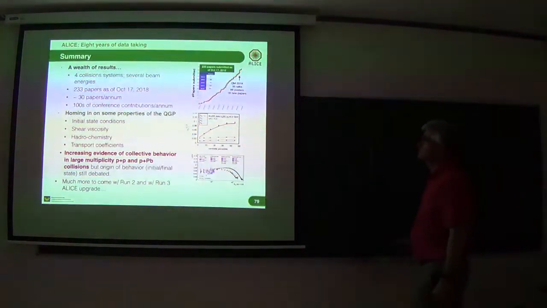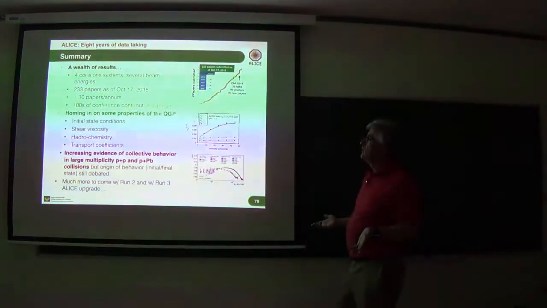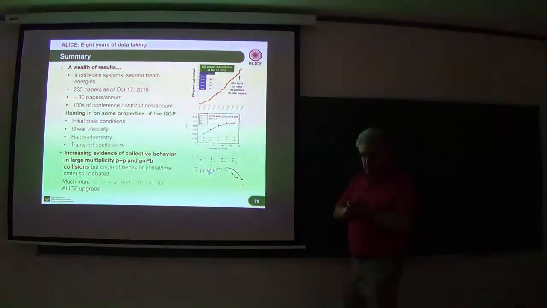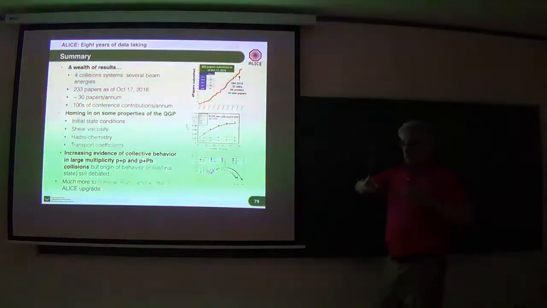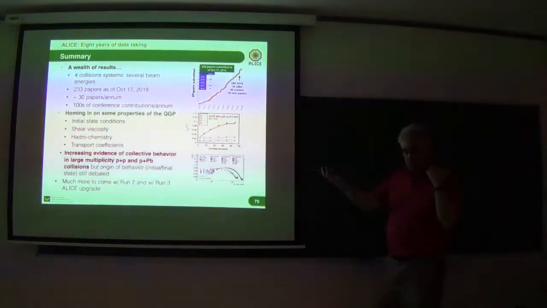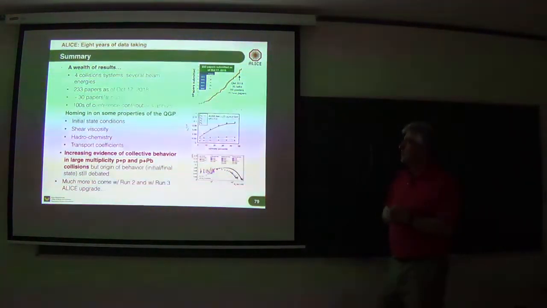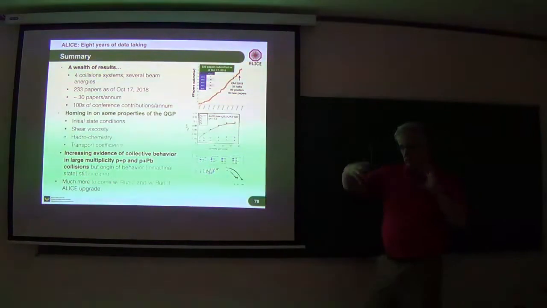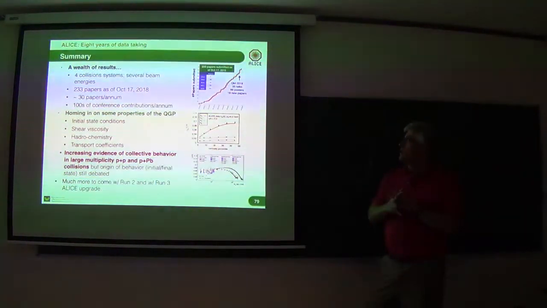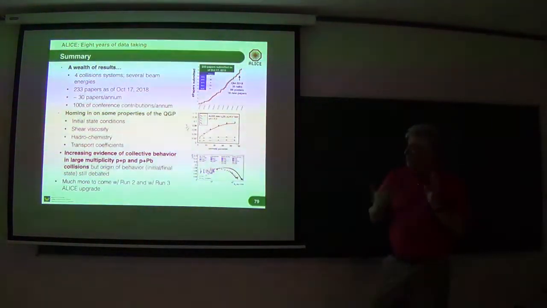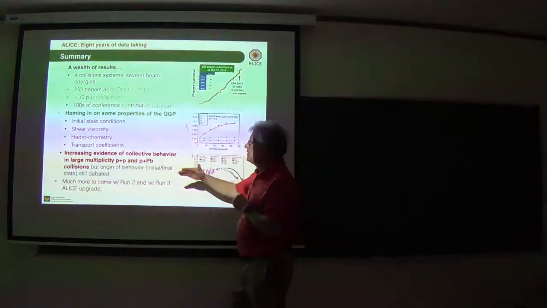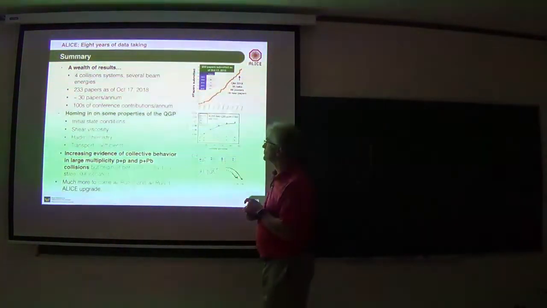So in summary, I think I've tried to show you an array of results that convince us that we have a thermalized system where there's saturation of strangeness, where there's very high temperature, equal number of particles and antiparticles, with this huge expansion radially or transversely, and that we're now very well along the way to understand at the very least the shear viscosity of the system, if not other properties.